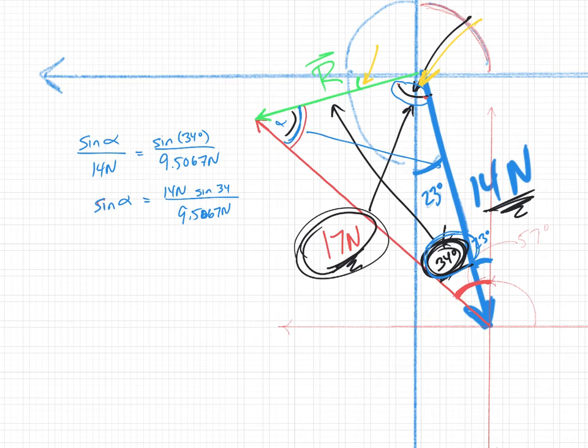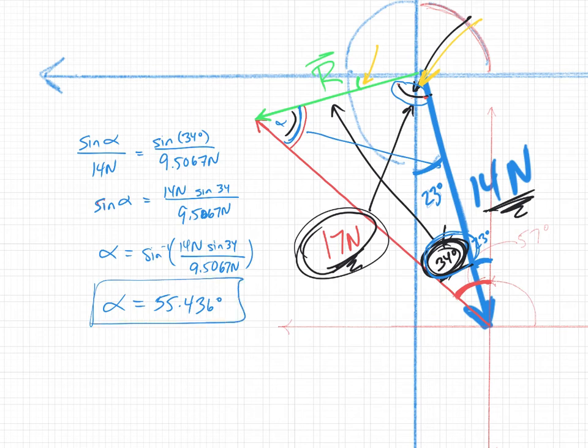Then alpha equals the inverse sine of 14 newtons times sine 34 over 9.5067 newtons. If we plug that into the calculator, we get 55.436 degrees.